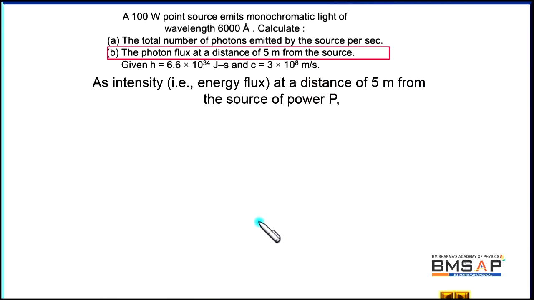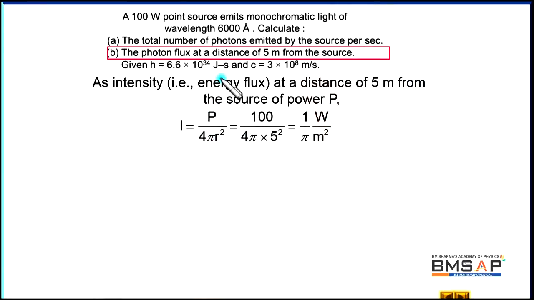So this is the intensity, P divided by 4 pi r square, and here we can substitute P equal to 100 and r equal to 5 meter, and this is equal to 100 divided by 4 pi 5 square. So after calculation, this is 25 multiplied by 400, and this is 1 divided by pi watt per meter square. This is the intensity of the radiation at a distance 5 meter, right.